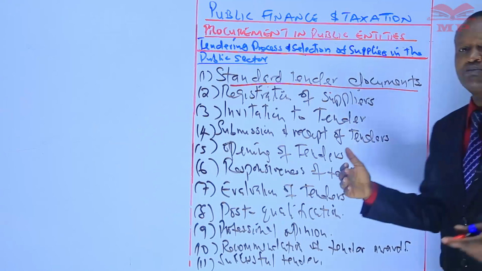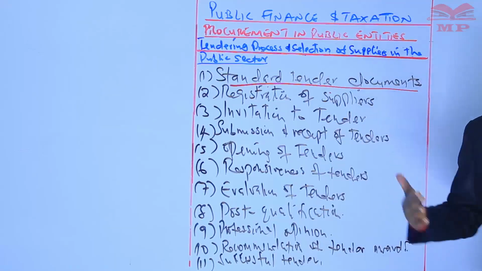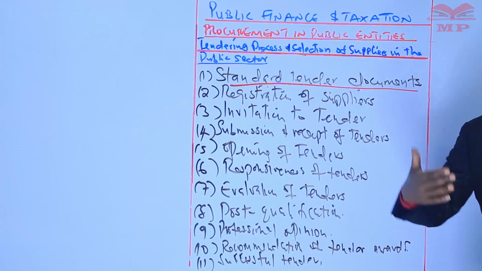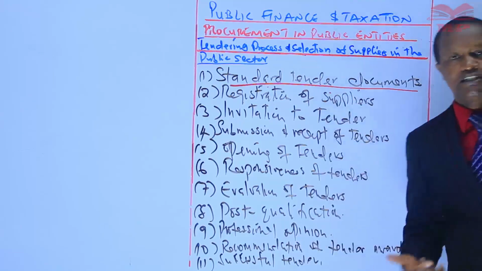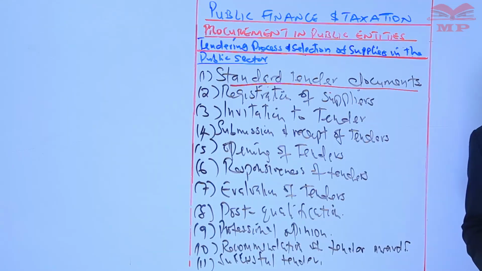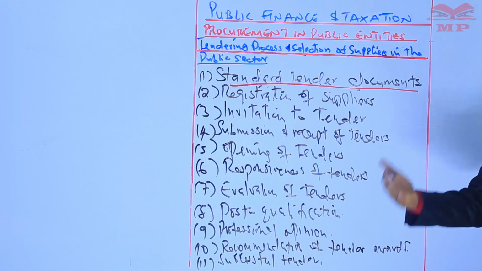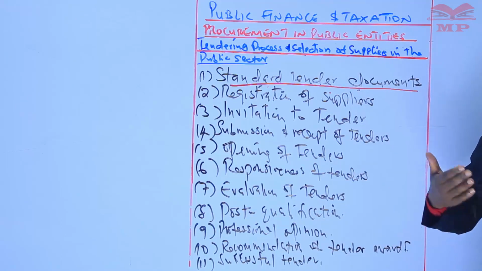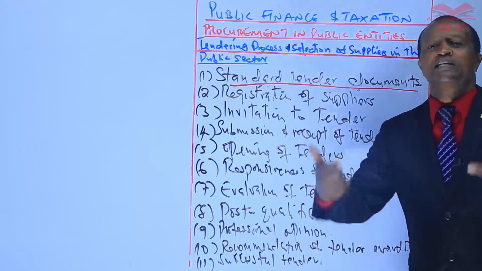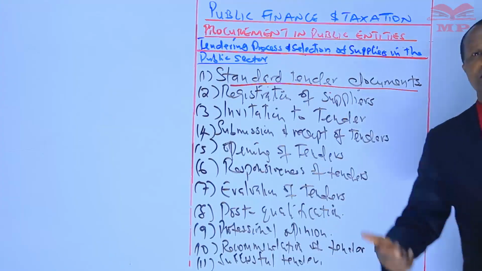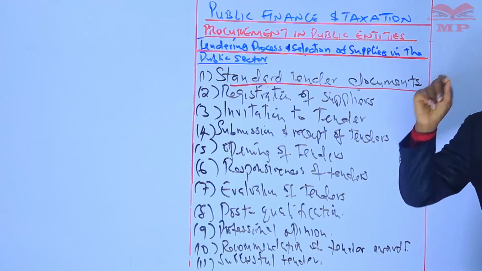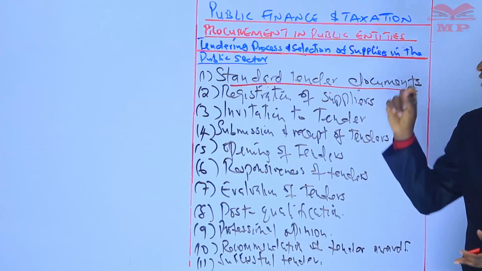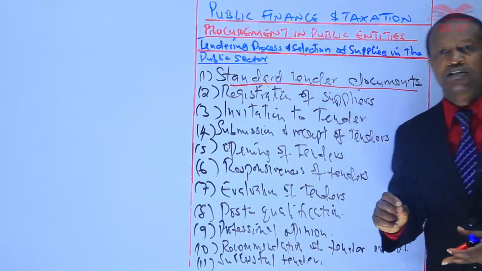And the documents must be in a format that is prescribed for use by the procuring entities. So a procuring entity is required to use standard procurement and asset disposal documents prescribed in all procurement and asset disposal proceedings.